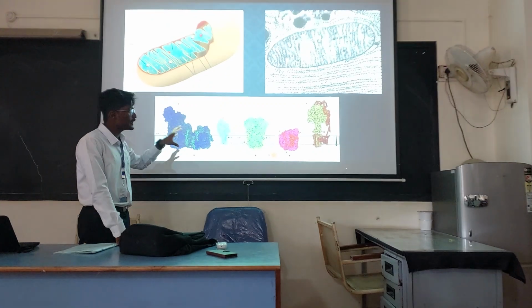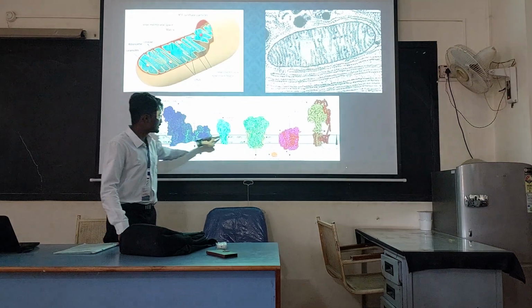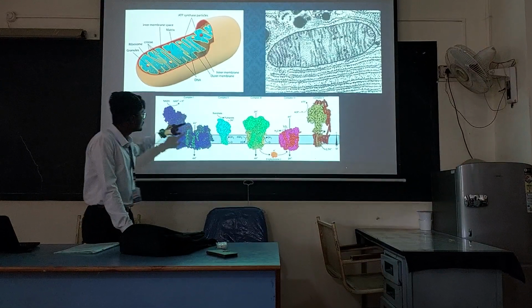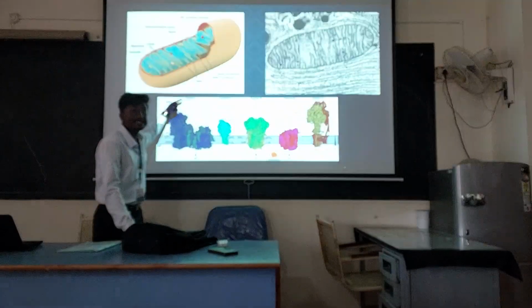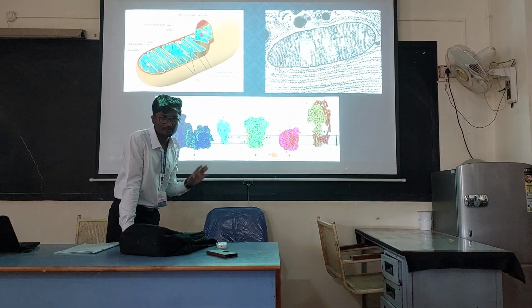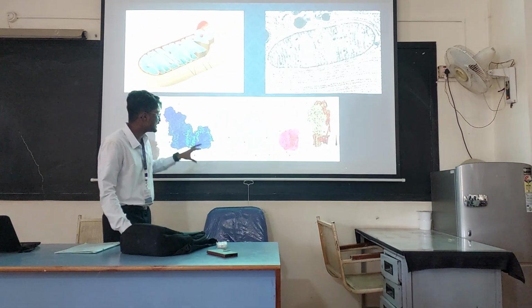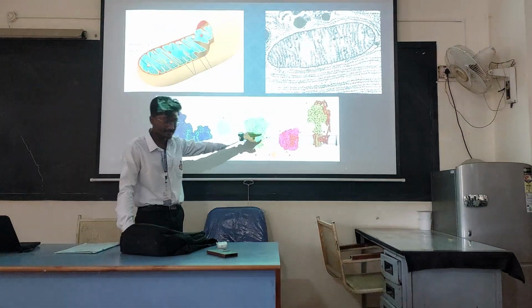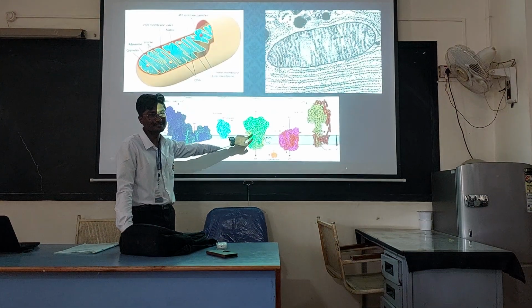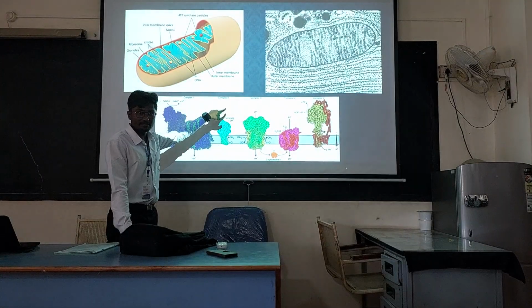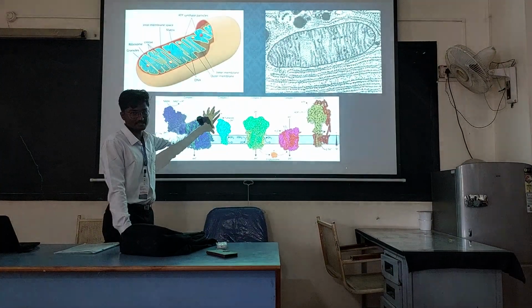The electrons in them go through the inner membrane to each of these complexes, and the proton is pumped into the intermembrane space. From what? From NADH plus and FADH2. The electrons go through the inner membrane and the protons go into the intermembrane space, this space.